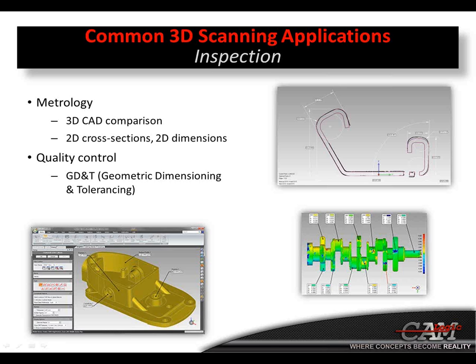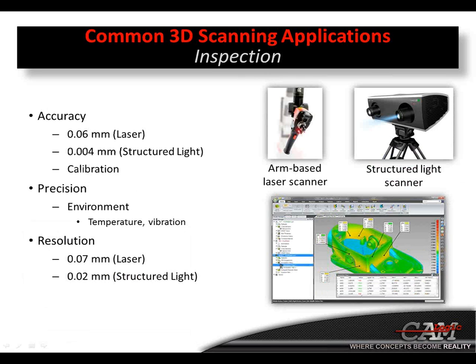So if you're looking to do some inspection, what sort of scanners are you going to be looking at? Well, chances are you're going to be looking at an arm-based laser scanner or a structured light scanner. The reason, for the most part, is accuracy. Obviously, if we're talking about inspection, accuracy is paramount.